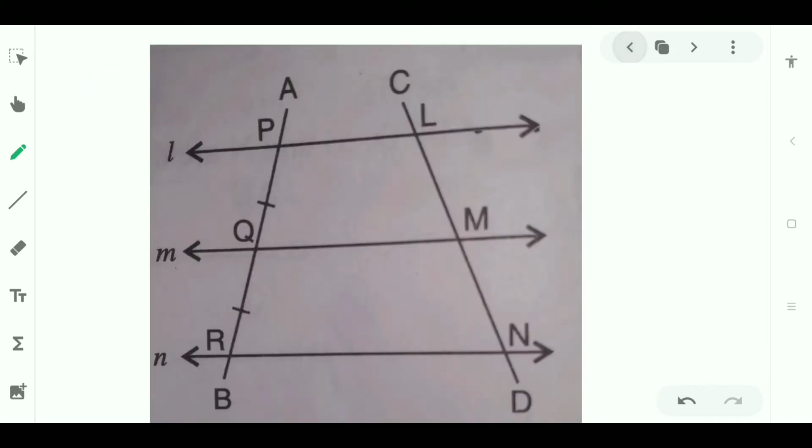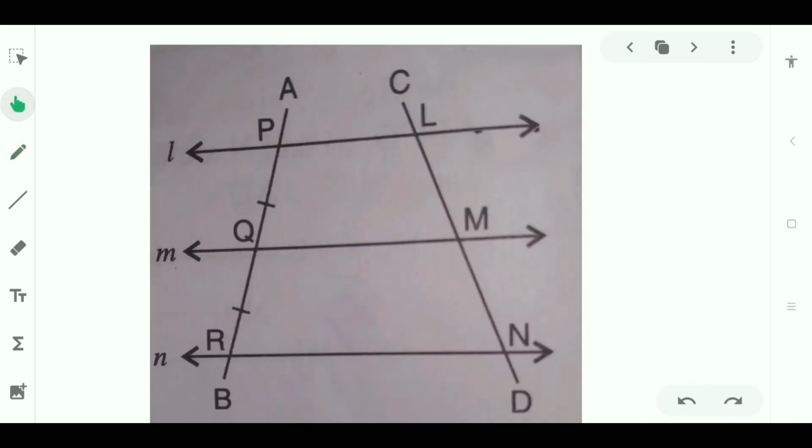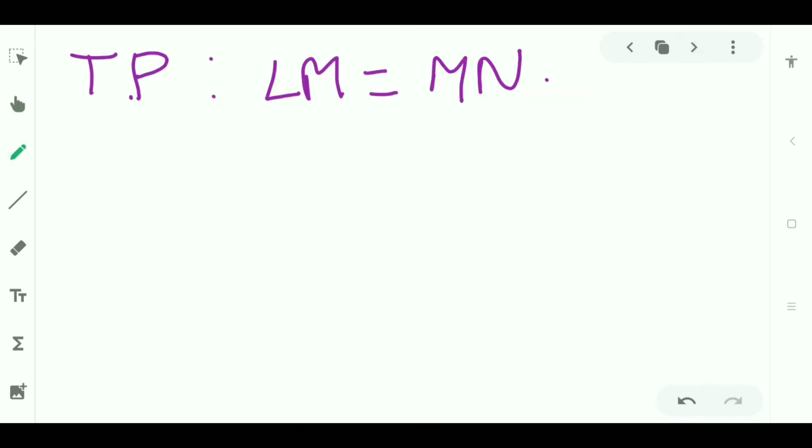First, to prove: LM is equal to MN. And now here we will do a small construction.